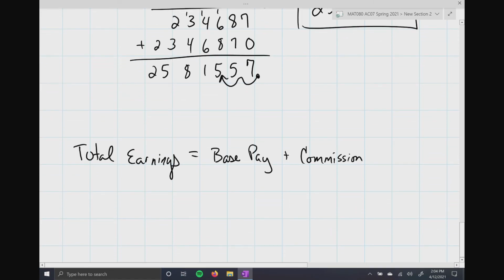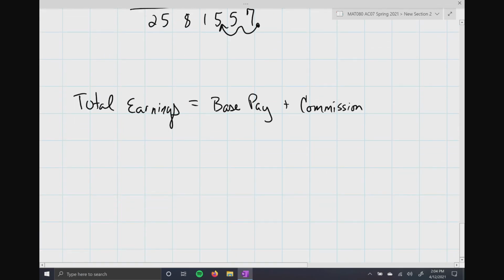Some companies will give you a base salary. They may say your base salary is $10,000 per year plus 11% of your commission, which if you're selling stuff, that's not bad. But if you don't sell anything, at least you're guaranteed $10,000 at the end of the year. So let's look at an example using this.